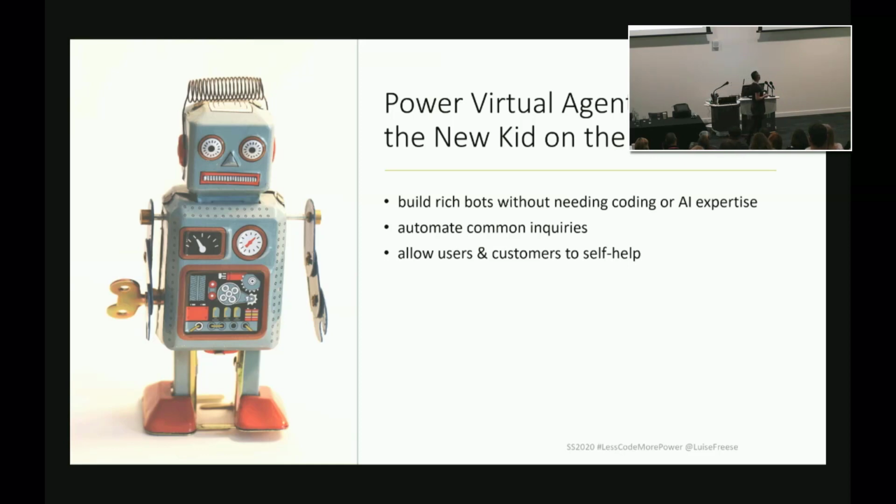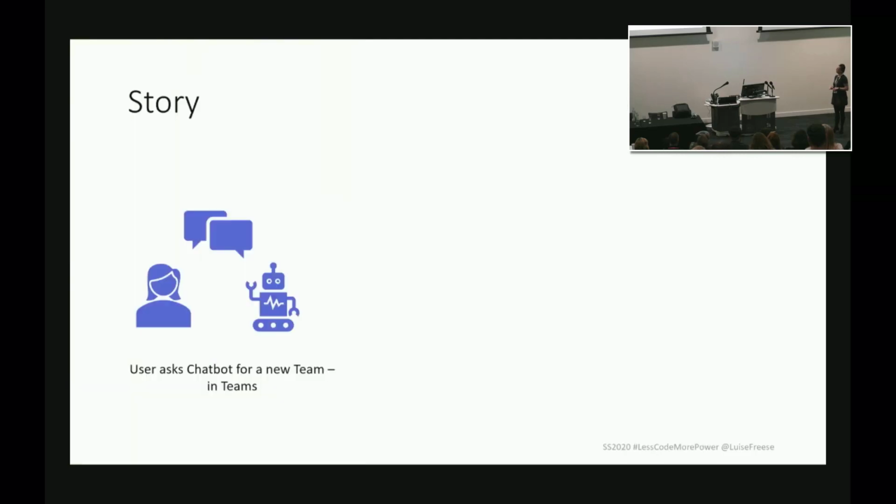I will give you kind of an example, for Virtual Agent is really new on the block. Okay, that's very fair. And I would like to make an example. So what can it be used for?